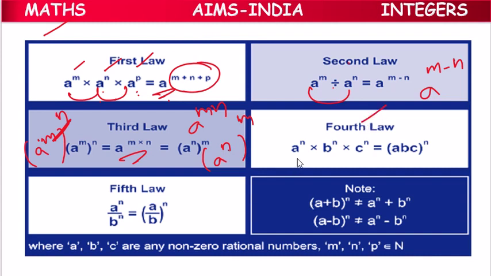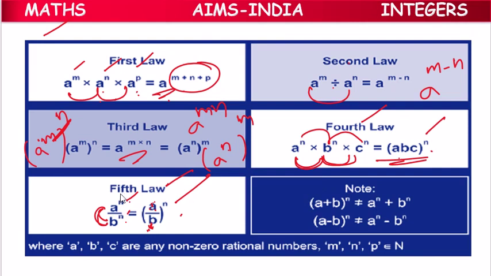Fourth law: if the bases are different and exponents are the same, the product will be the base and we write the common exponent. Fifth law: if the bases are different and exponents are the same, we write the bases as a quotient with the common exponent. These are the laws of powers of integers.